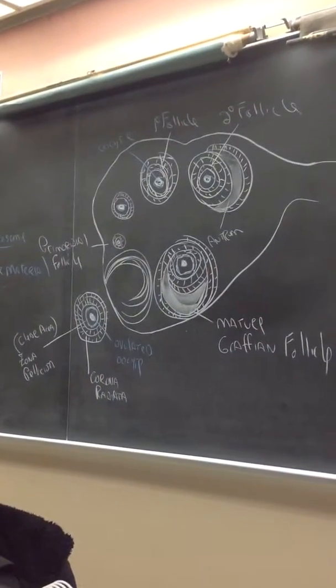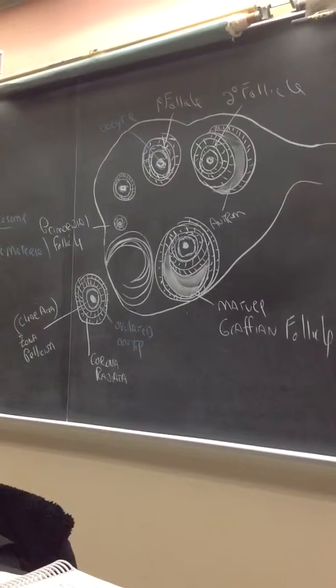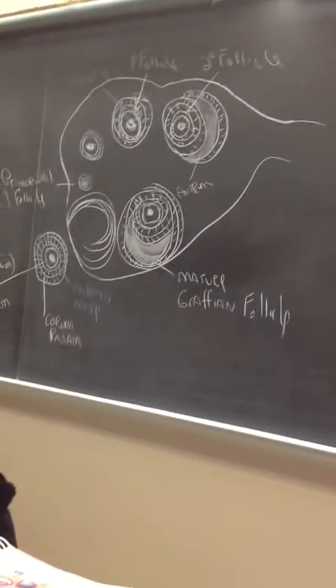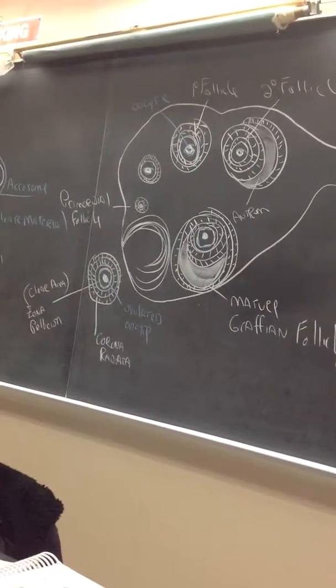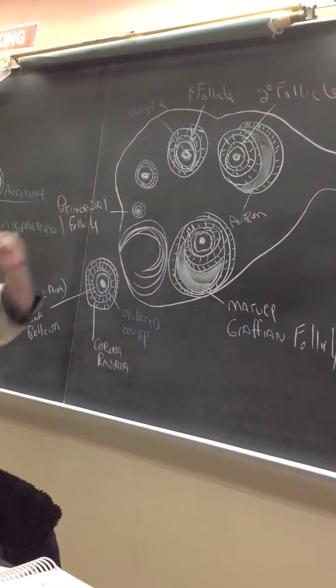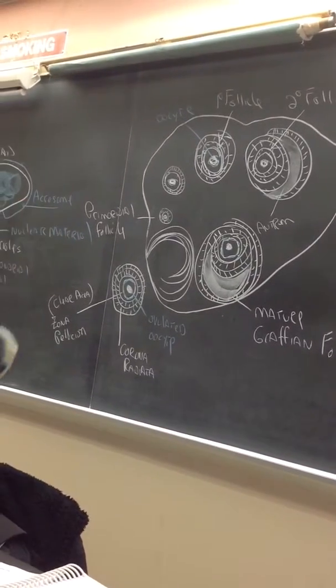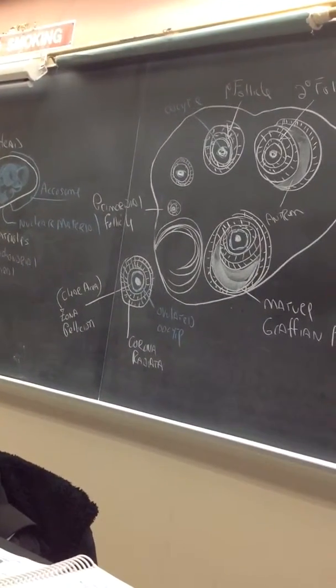Remove one of the eggs, inseminate it with the sperm, and then put it back in the uterus at the appropriate time when the uterus is built up, and let it implant.